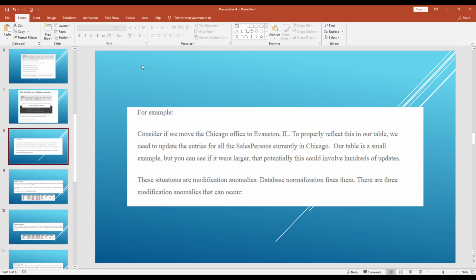For example, consider if we move the Chicago office to Evanston, IL. To properly reflect this in our table, we need to update the entries for all the salespeople currently in Chicago.